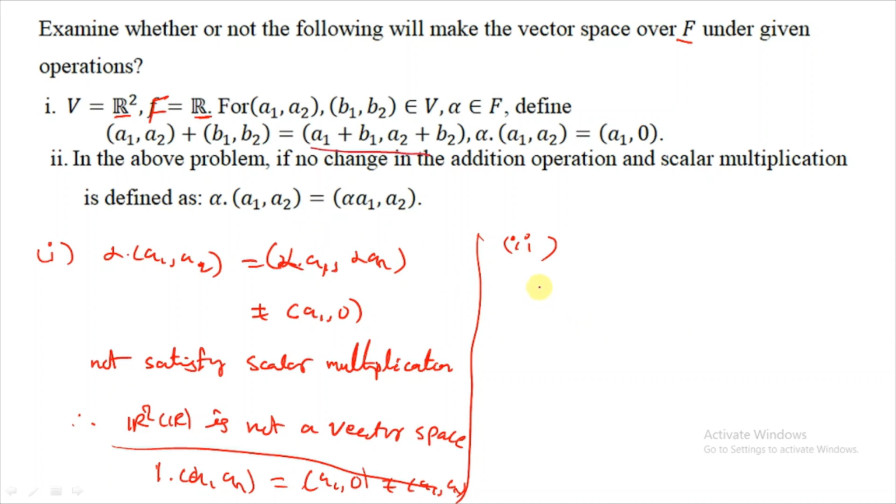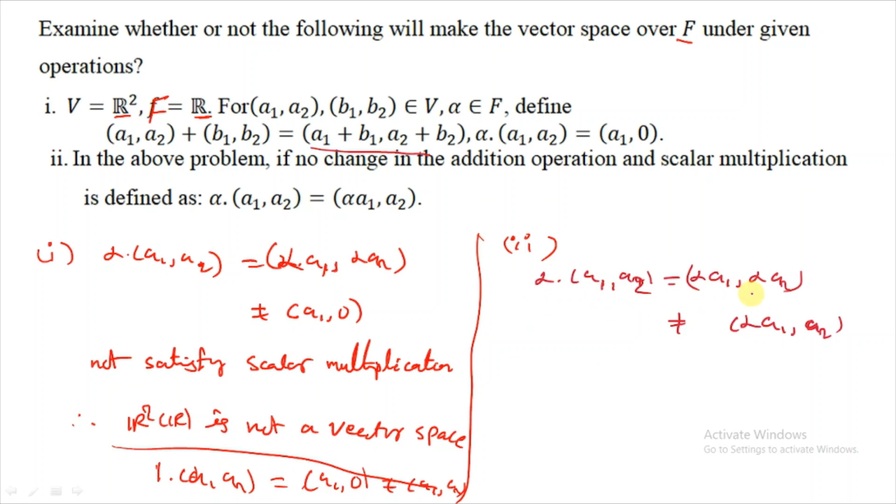Same thing, alpha A1 A2. Generally, scalar multiplication is alpha A1 comma alpha A2. But it's not equal to alpha A1 comma A2. The given definition is alpha A1 comma A2 is alpha A1 A2.